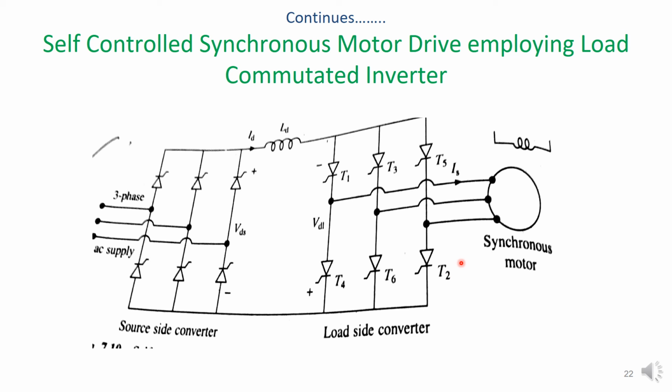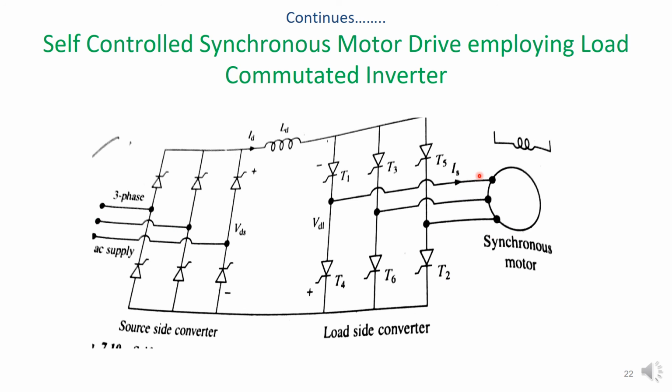Similarly, we can reverse the power flow. That is, keeping the firing angle of the load side converter between 0 and 90 degrees, it will act as a rectifier, and keeping the firing angle between 90 and 180 degrees of the source side converter, it will act as a line commutated inverter. That is, power can flow from the load side to the source side.